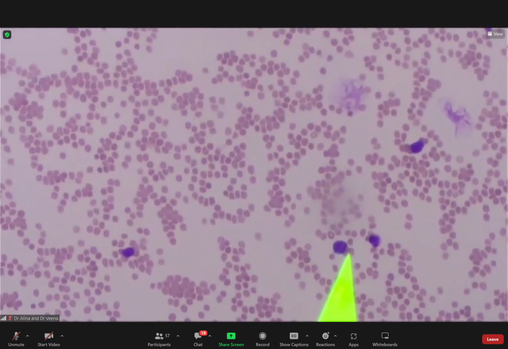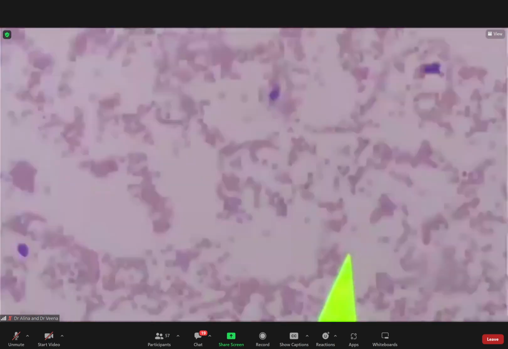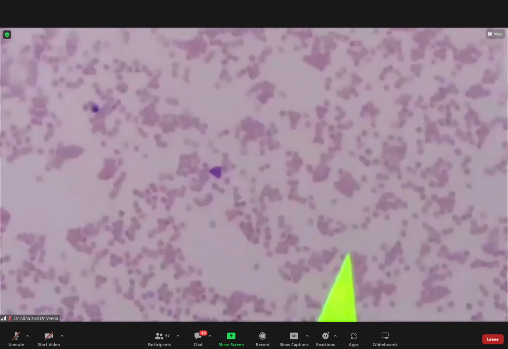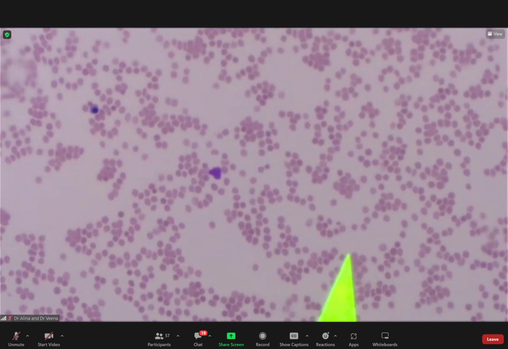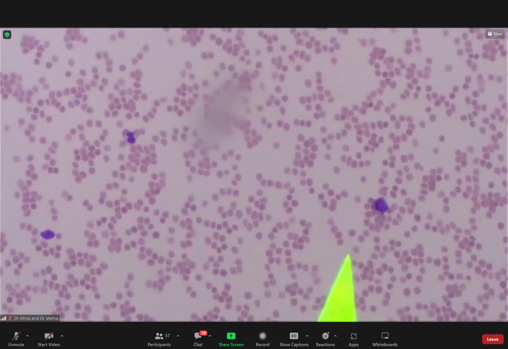Okay. Very high NC ratio again. Patient also has a leukoerythroblastic picture, right? Nucleated red cells, blasts.